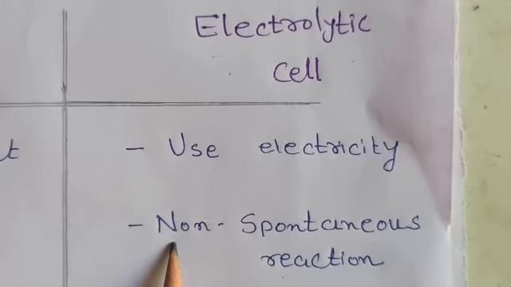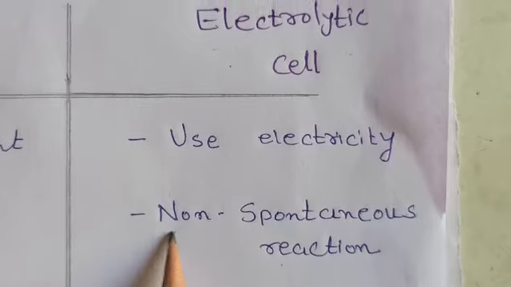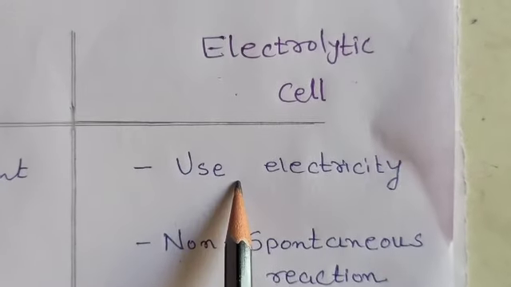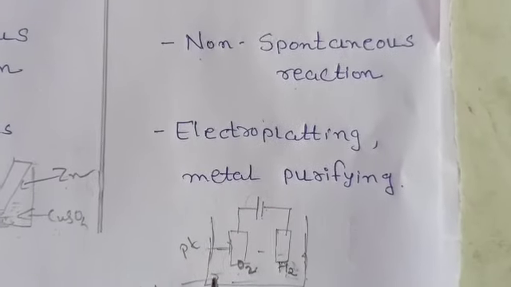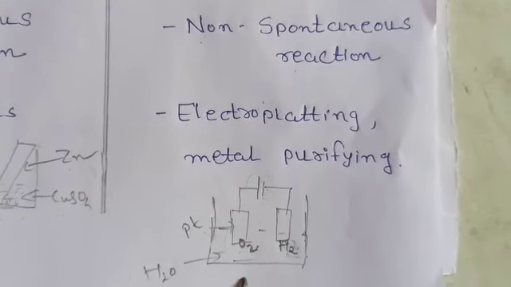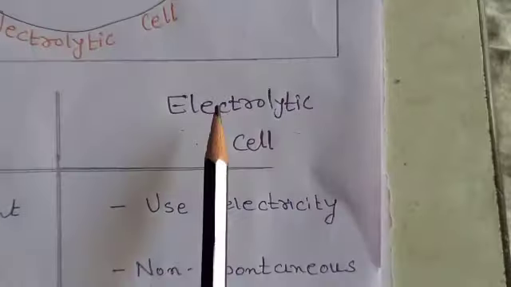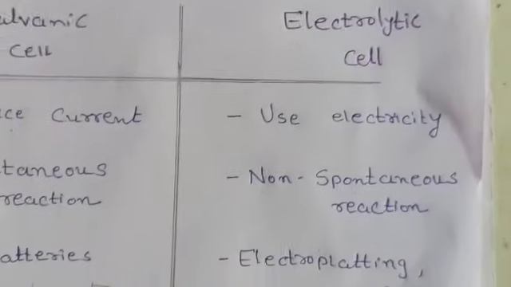So to carry out this type of non-spontaneous reaction, we have to use electricity, and for this we form a device, and this device is known as an electrolytic cell.